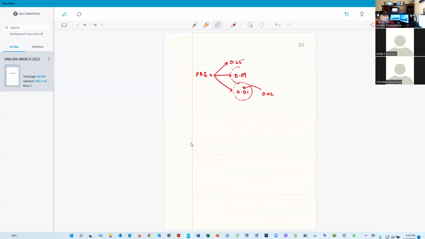If it were like 0.11, you could take it like that. This one is a pretty large effect size, this one a medium effect size, this one a very small effect size, and there's no effect at all.